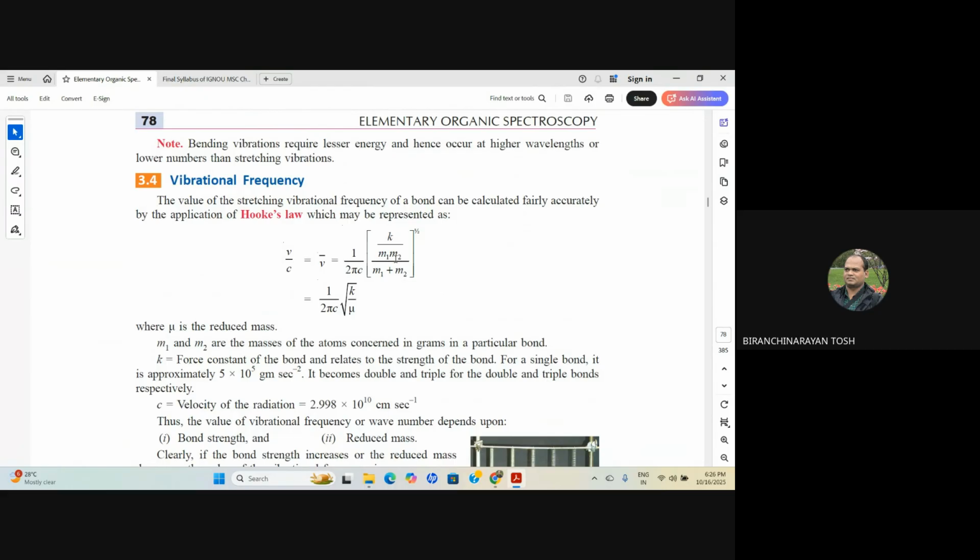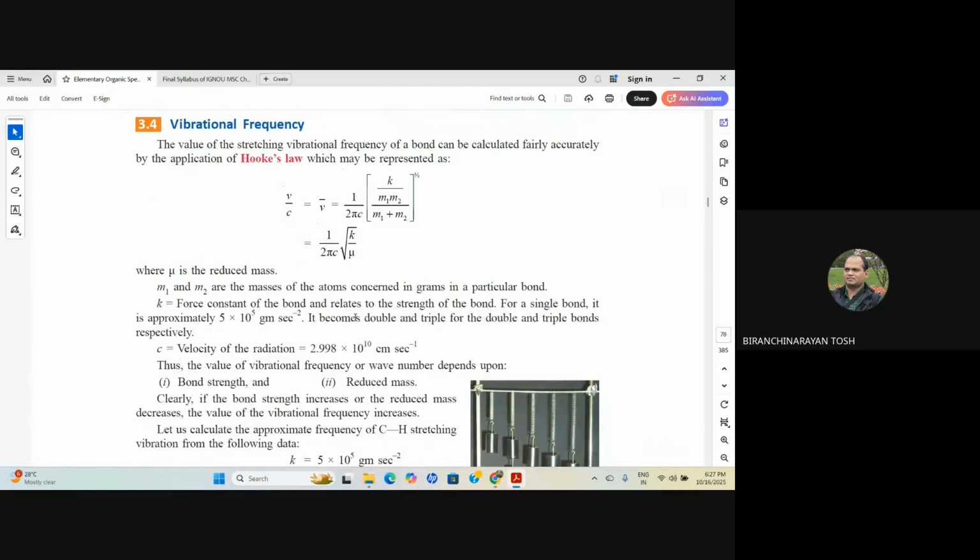So Hooke's law tells that the vibrational frequency nu equals 1 by 2 pi into k by mu to the power half, or root over k by mu.